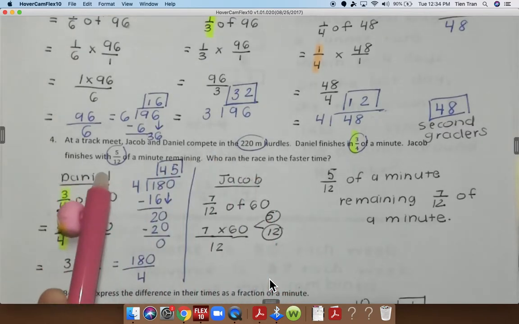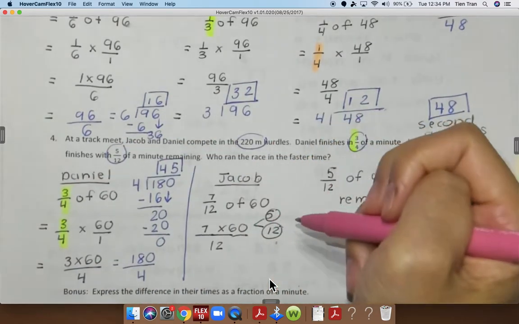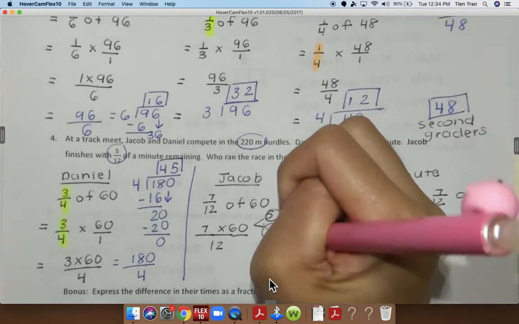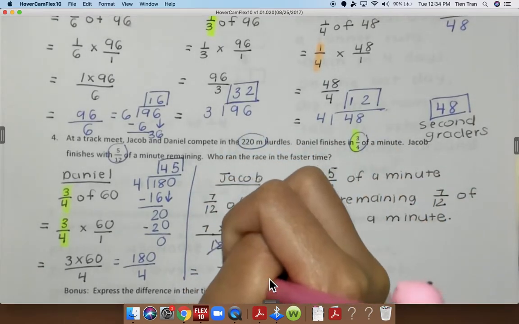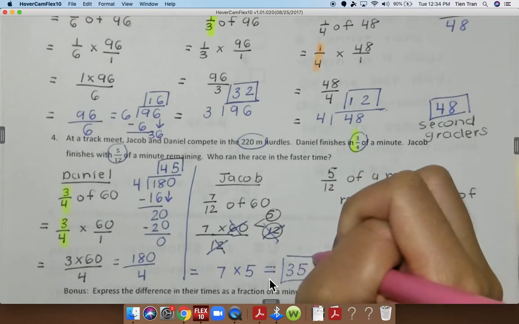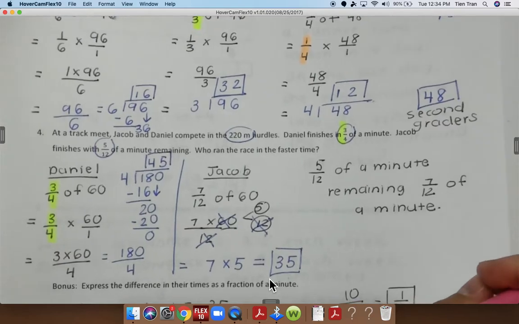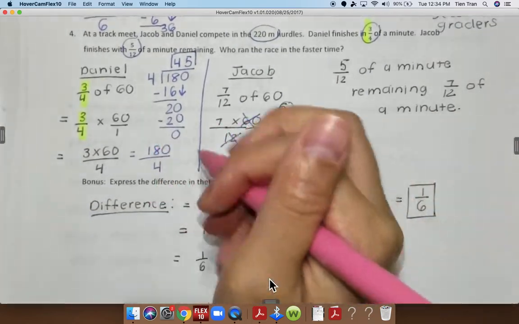And the reason being is because 7 plus 5 is equal to 12. So 7 times 60, I'm going to break it into 5 and 12. So I'm crossing off my numbers. What I have left is 7 times 5. And 7 times 5 is equal to 35. So 5/12 of a minute remaining is 7/12 of a minute.